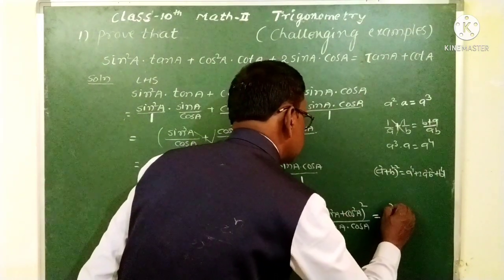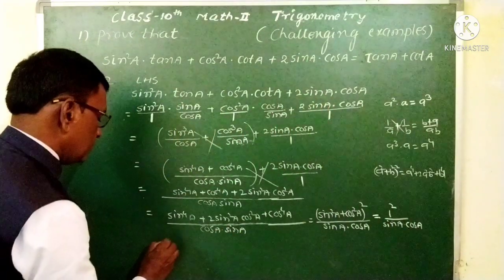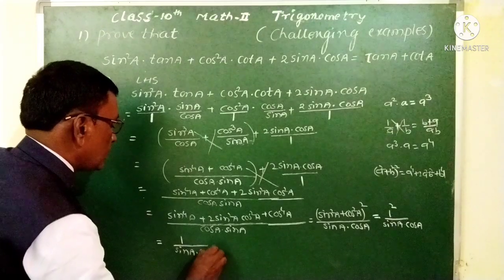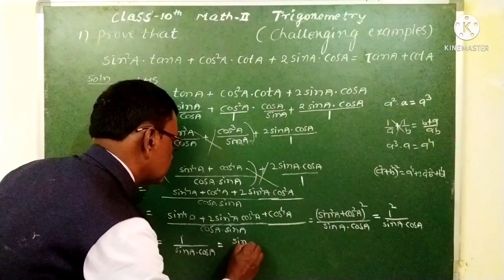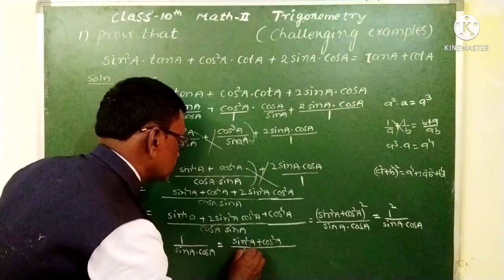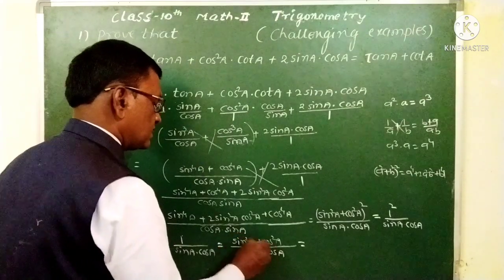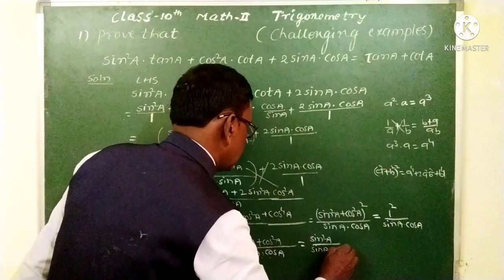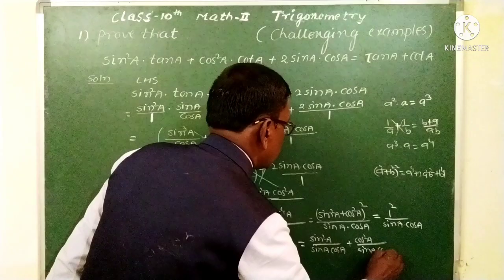So sin square A plus cos square A is equal to 1, and 1 square upon sin A into cos A. 1 square we can write as 1 upon sin A into cos A. Again, for this 1 you put the identity as sin square A plus cos square A upon sin A into cos A. Split this, we can write this term as sin square A upon sin A into cos A plus cos square A upon sin A into cos A.